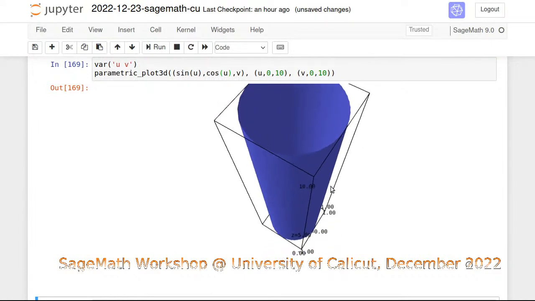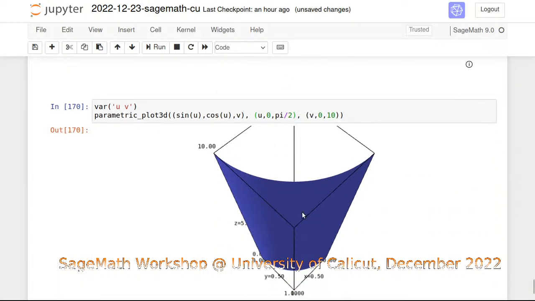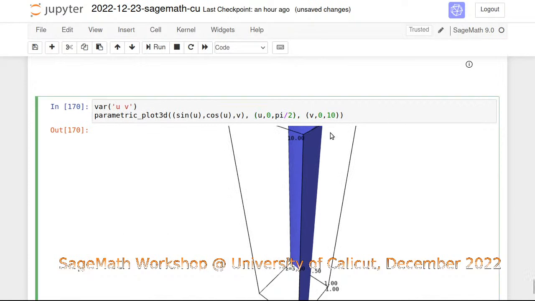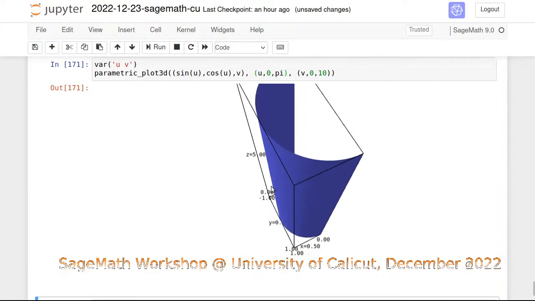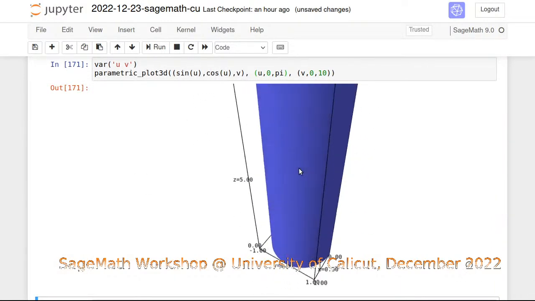Sin u cos u means that for v equal to 0, sin u cos u is plotted. This is not actually necessary. If you go up to pi by 2, let's see what's happening. You will get only up to this, half the cylinder in this way.